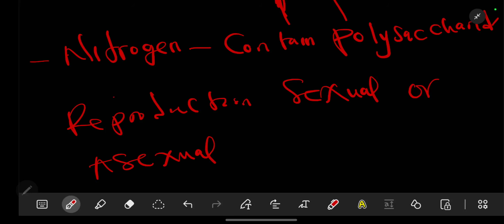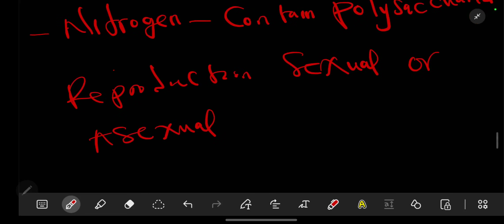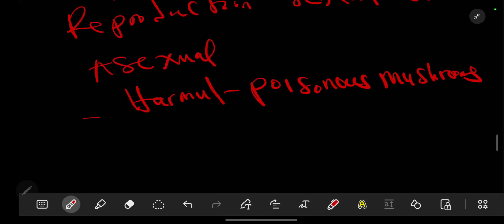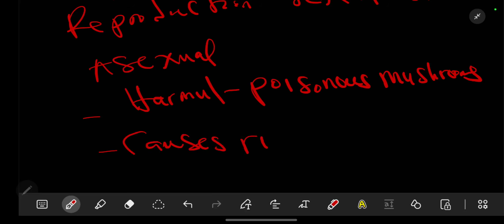The other characteristics involve the fact that some are harmful. You may have heard that we have poisonous mushrooms. Some mushrooms are poisonous, and some fungi can cause ringworms.